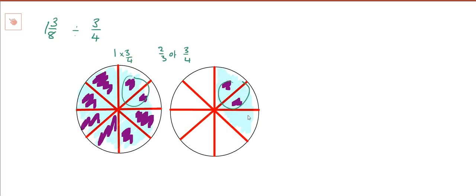And then how much is that of 3/4? Out of 3/4, it would be 1, 2, 3, 4, 5, 6, 1/6 of 3/4. So it's 1 and 5/6 lots of 3/4. Diane, what do you think it is? 1 and 5/6.